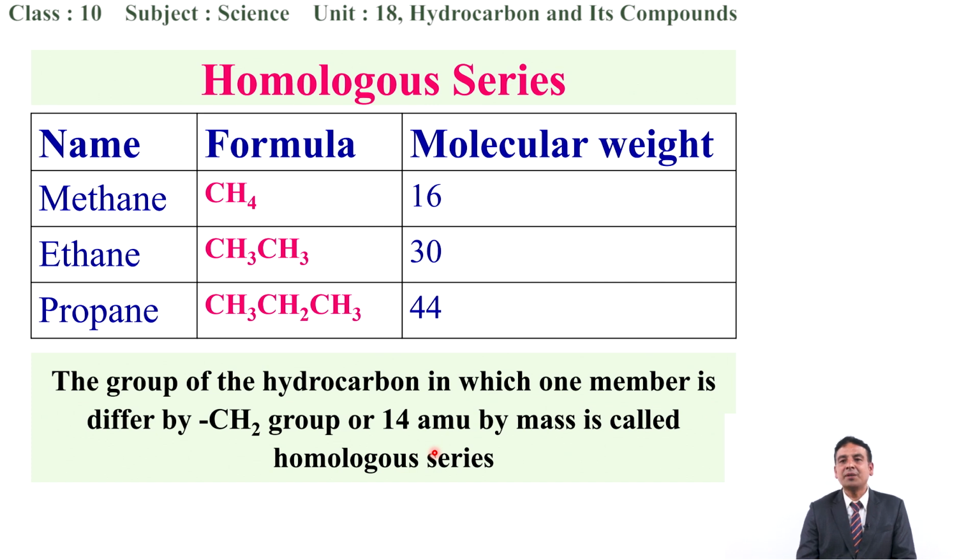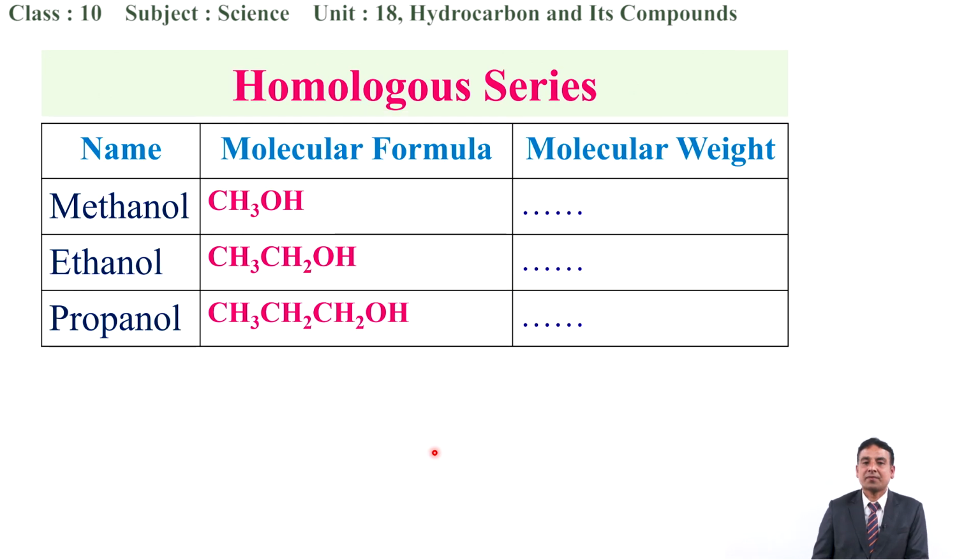Similarly, I am giving another example. Three compounds have been given here. They are CH3OH, then CH3CH2OH, and CH3CH2CH2OH. If you find the difference between the molecular formulas, what is the relationship between the first and second one? If you remove this CH2, what will be the product?